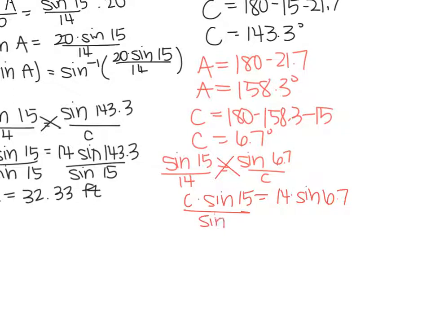Divide by sine of 15, and we get C equals 6.31 feet. And those are all of the possible solutions for our triangle.